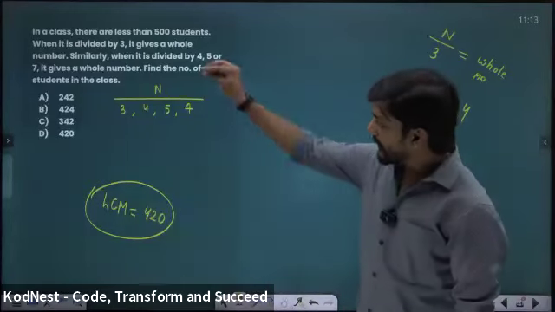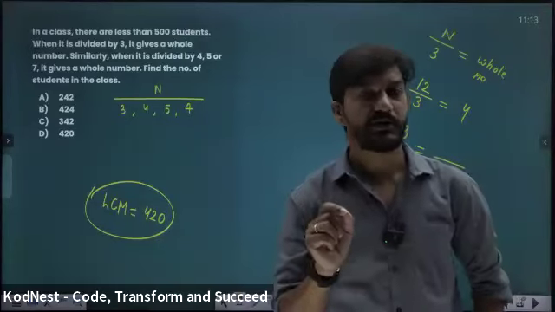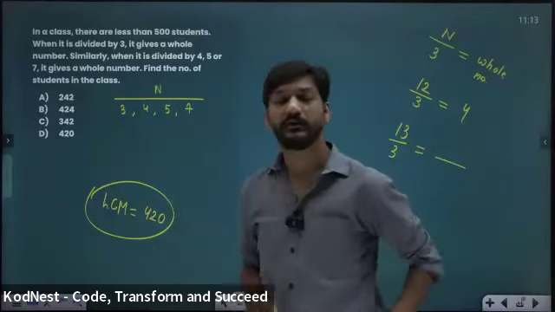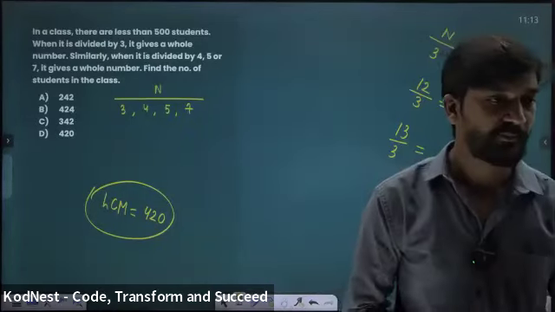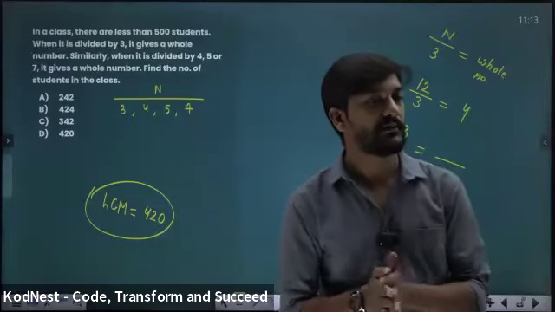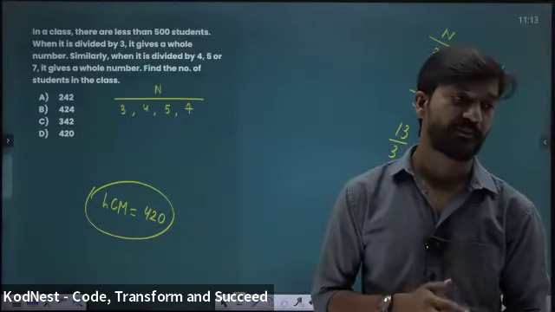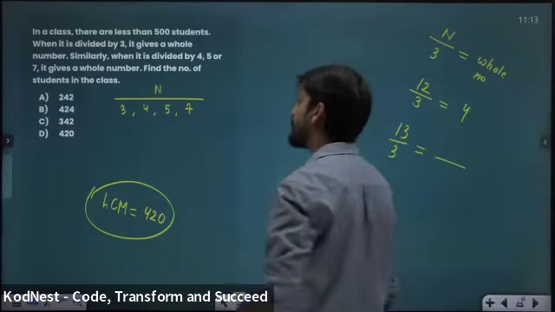Okay. Without LCM, that means I want to solve it by the options. Please carefully answer. Which is the best number to take in the starting or to check? Which number? 7. How come it is the best number to choose? 5. 5 is the best one.